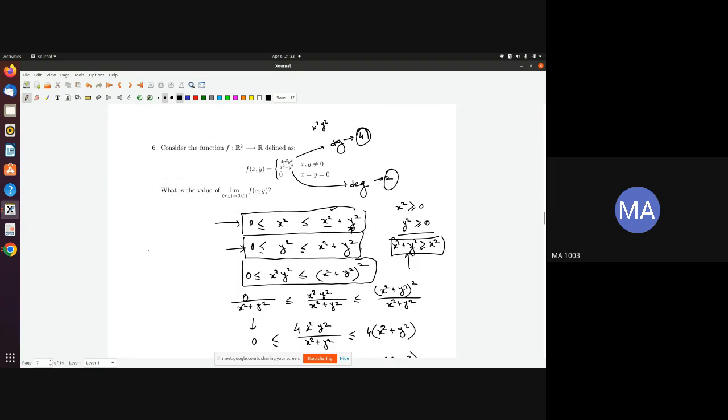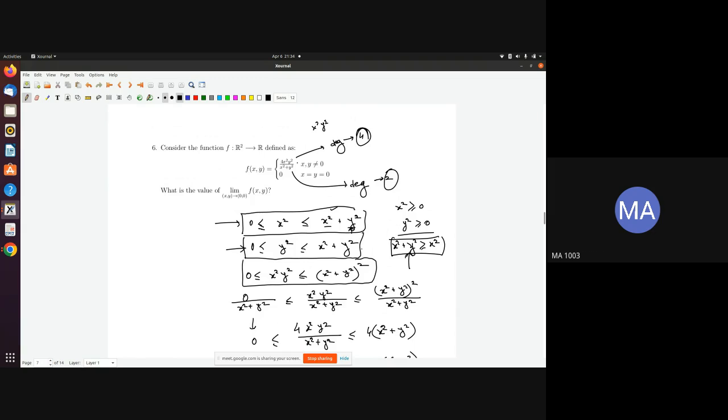Here x has maximum degree 2 and y has maximum degree 2, so we cannot choose some particular path for this. There is no difference between the degree of x and degree of y in both numerator and denominator. That is one hint you can take.